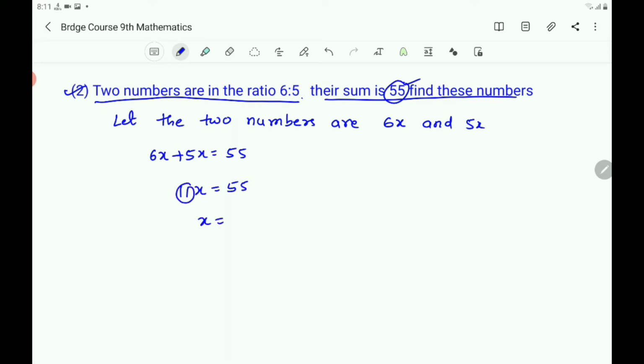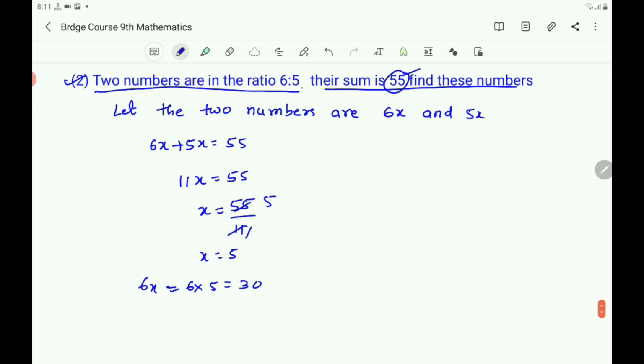You transfer this 11 to the RHS. Then it becomes 55 by 11. Then x equals 11 ones are 11, 5s are 55. x equals 5. Then the two numbers. How will you get the two numbers? One is 6x, that equals 6 into 5, 30.